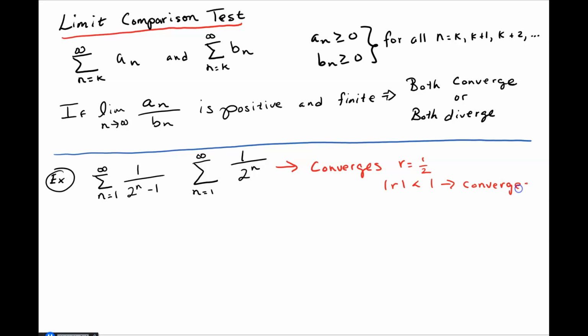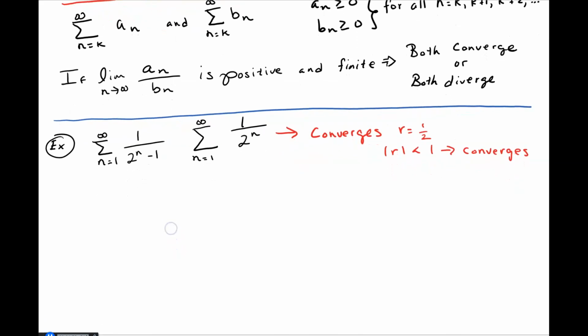So we're going to take the limit of one versus the other, and if we find that the limit is both positive and finite, then we can say that this one converges because that one converges.